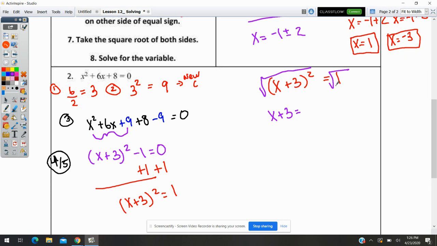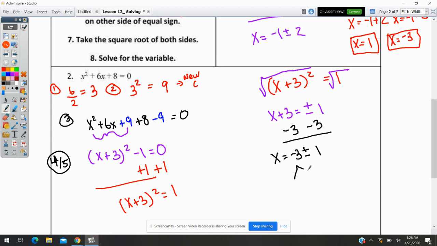Here we're lucky again, this is a perfect square. 1 times 1 is 1. So the square root of 1 is positive and negative 1. Next thing we're going to do is solve for x to get it by itself. So we're going to subtract 3 on both sides. So we get x equals negative 3 plus and minus 1.